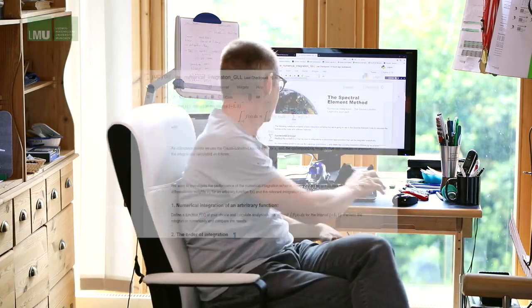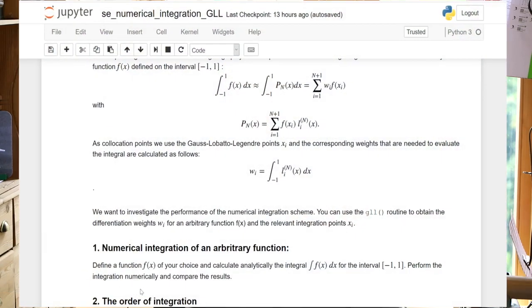So let's implement this numerical integration in Python and compare with an analytical result. Let's see how this works. So the principle is again given here in the notebook: we will replace the integral over a function f of x, in our case between -1 and 1, by basically replacing it by a polynomial and then integrating the polynomial.